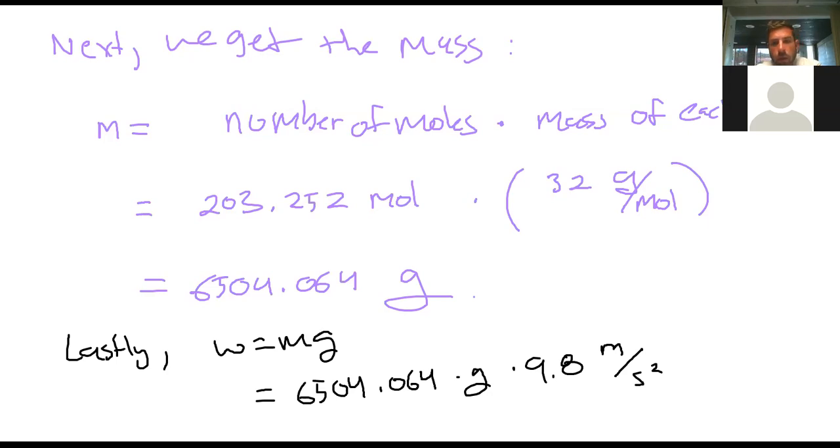So the quick way to do this is take your decimal point and move it 3 spots left. And in which case, if you do that, and then multiply by 9.8, you get the following. Let's make sure I don't make a mistake. 9.8 times 6.504064.